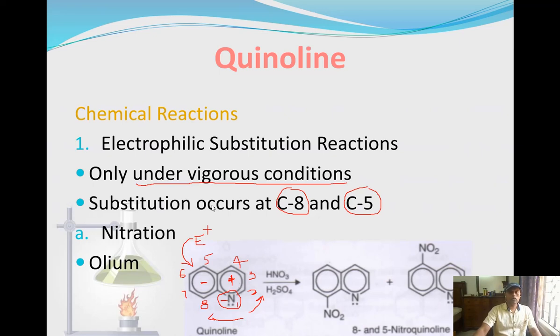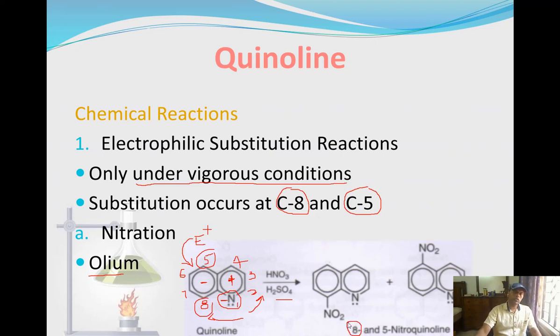So the substitution takes place at either position 8 or position 5, and in nitration, in the presence of oleum or fuming sulfuric acid, you are going to get 8- and 5-nitroquinoline.